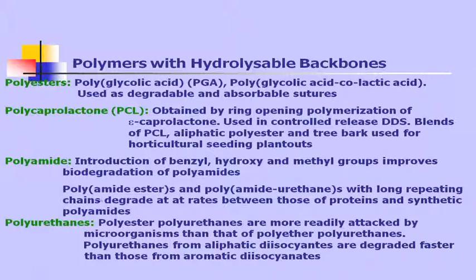Polyamide esters, that means a polymer containing both amide linkage and ester linkage, or amide linkage and urethane linkage, are both hydrolyzable. Polyamide esters or polyamide urethanes with long repeating chains degrade at rates between those of proteins and synthetic polyamides.